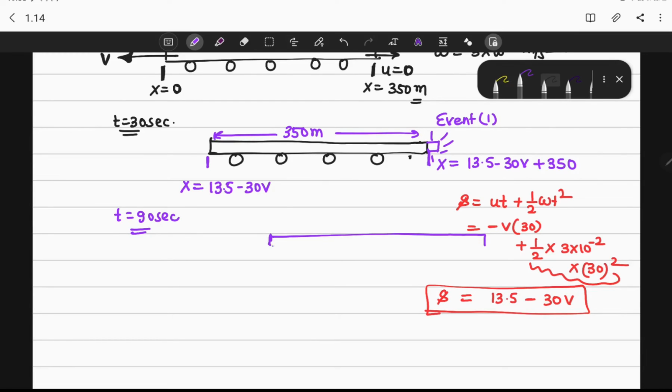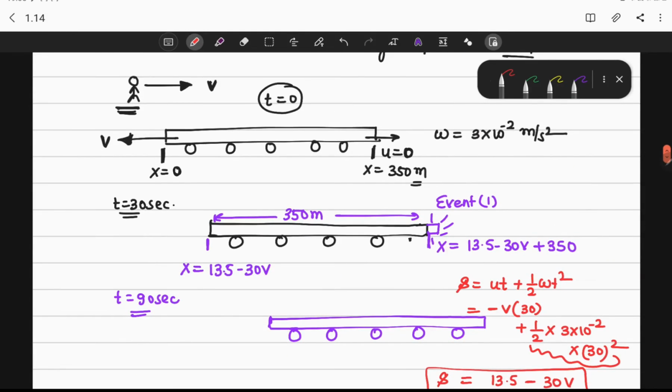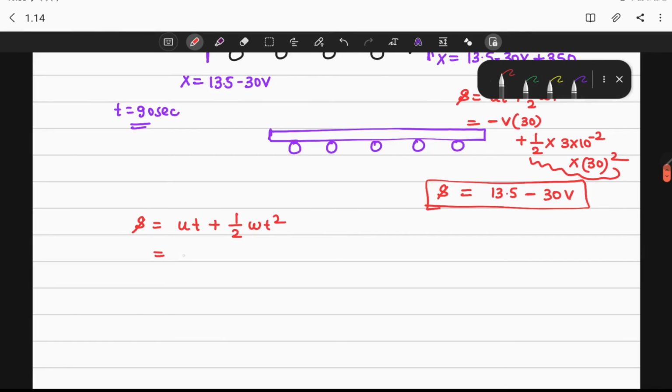So let us say the train has come to this particular location, and we find the distance traveled by the train again from the equation of motion, ut plus half wt square. u is the initial velocity, which we know is the velocity v in the reference frame of the particular k, and then we can write v into 90 plus half into w, 3 into 10 to the power minus 2 into time 90 whole square.